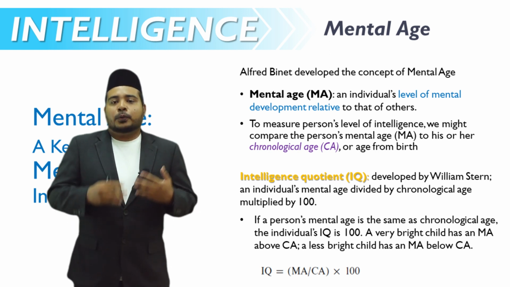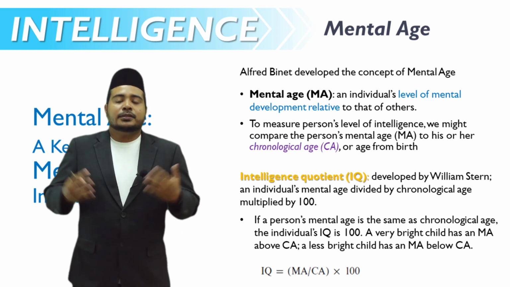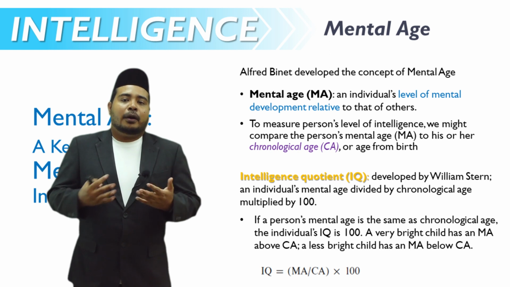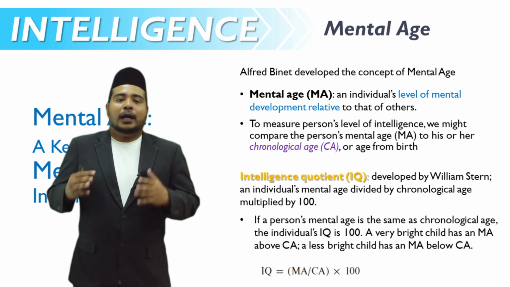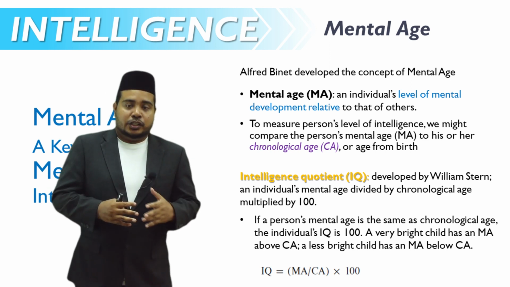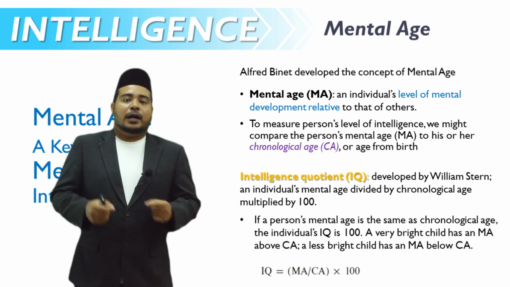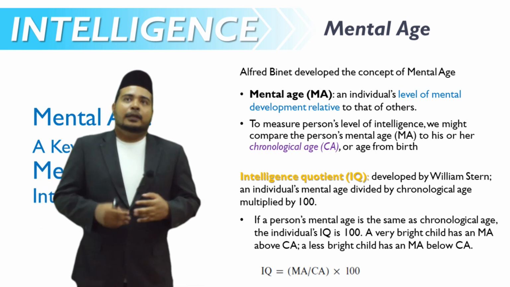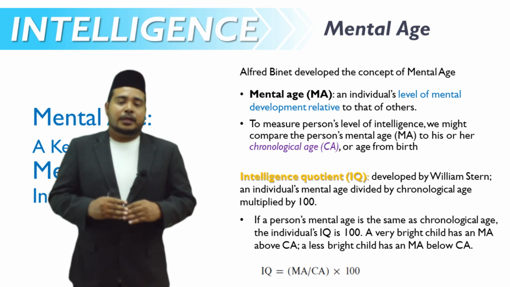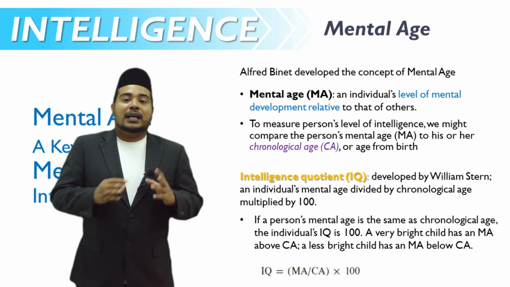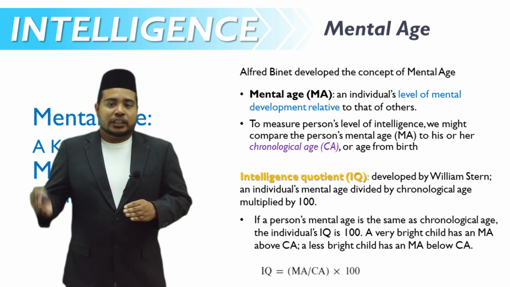So Binet proposed that in order to measure a person's level of intelligence, we might compare the person's mental age to his or her chronological age, or his own age from birth. In order for us to understand whether we have a normal, average level of intelligence, or above average or below average, we can calculate our mental age against our chronological age.